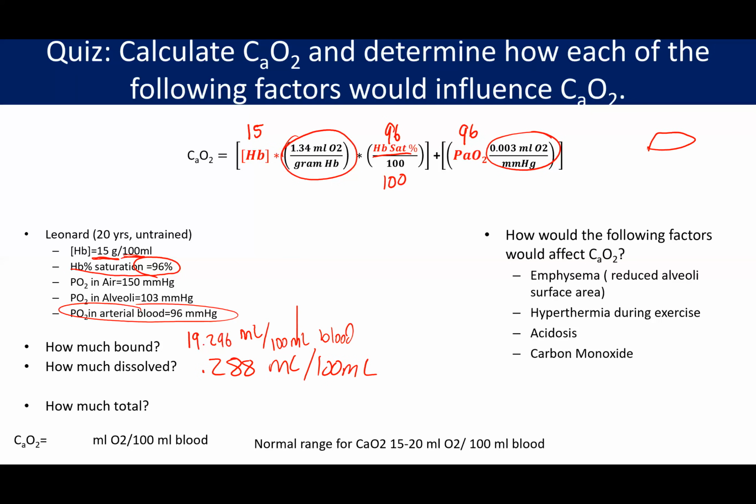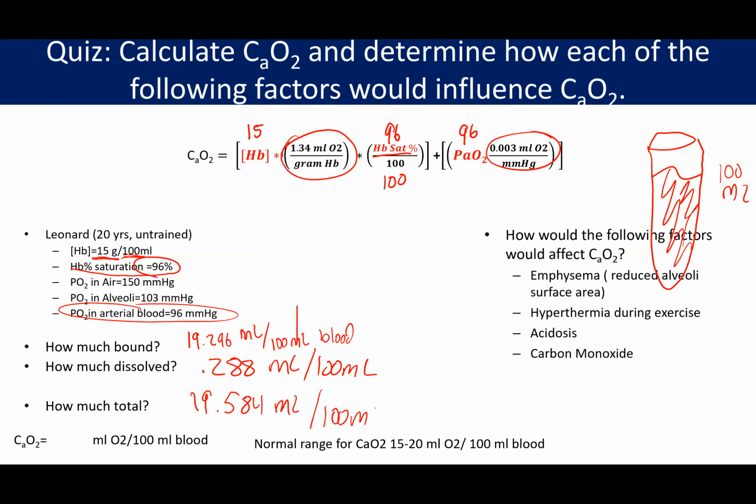So if we had one of those vials of blood and it's filled up with blood up to 100 mils, we would have 19.296 plus 0.288. So what is this going to be? If I haven't done my math wrong, you should have somewhere around 19.584 milliliters in every 100 milliliters of blood.